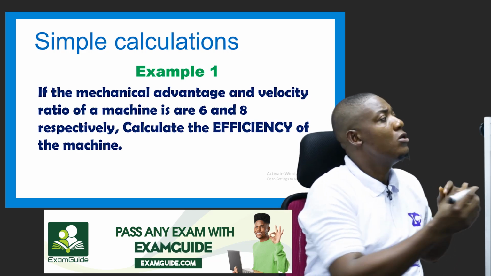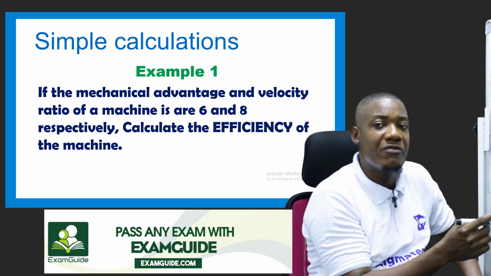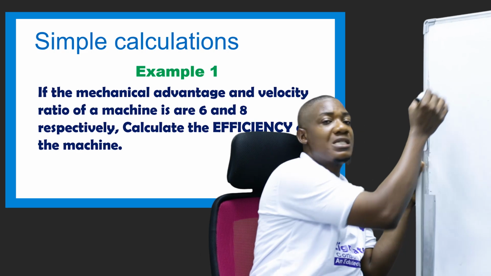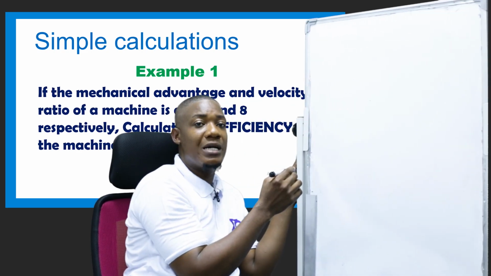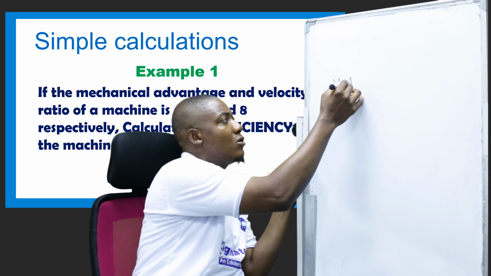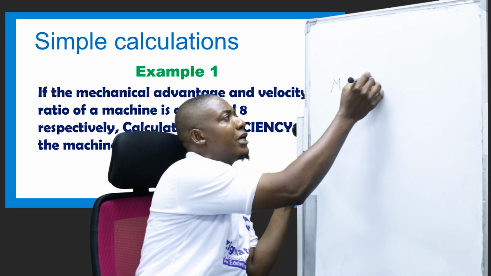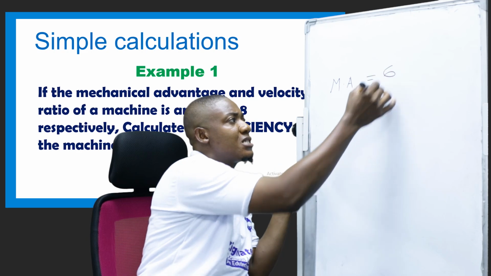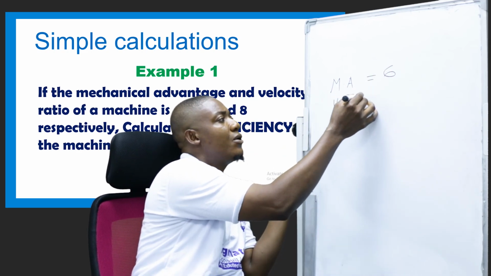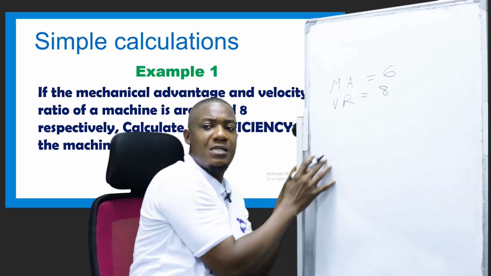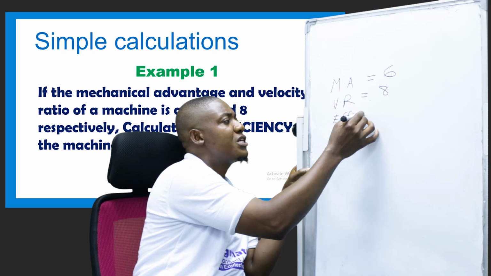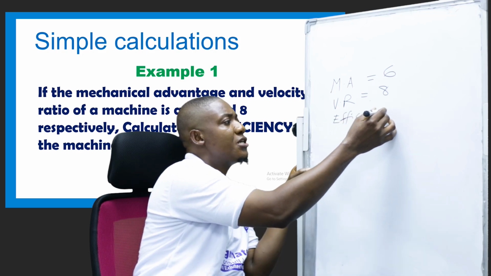we want to solve. So in this case, we were given that the mechanical advantage, MA, of a machine equals 6, and its velocity ratio, VR, equals 8. We are asked to find the efficiency of the machine.